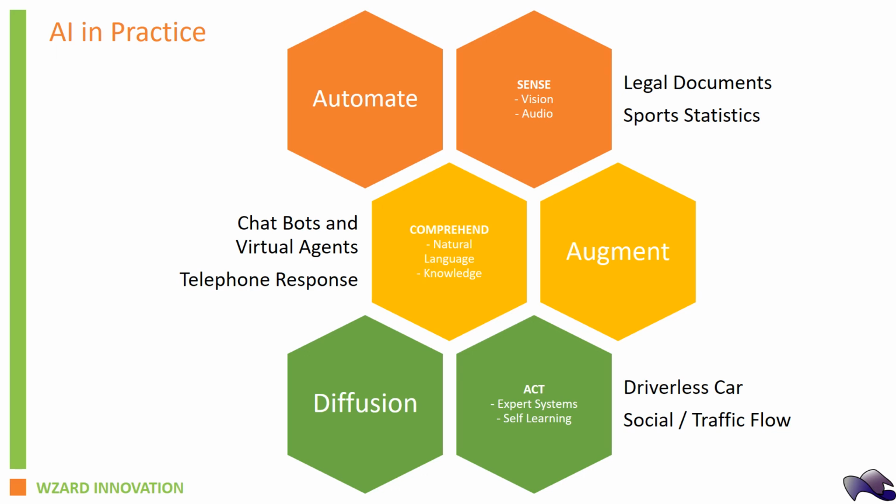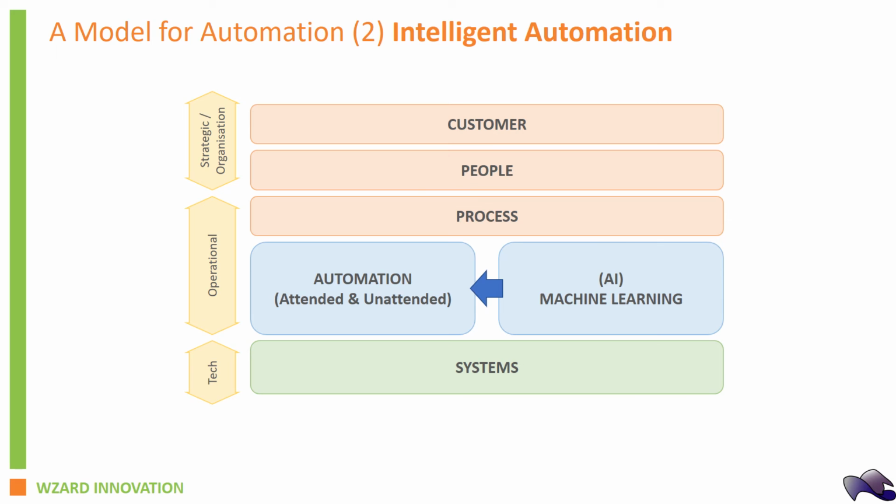So how does this fit with the model that we were looking at earlier? This is a model for intelligent automation. And it's similar to what we saw before with the lean-based thinking of customer, people, process driving value, with the underlying technology systems, and with automation, both attended and unattended, sitting atop of those systems and delivering robotic process automation out to the customers.